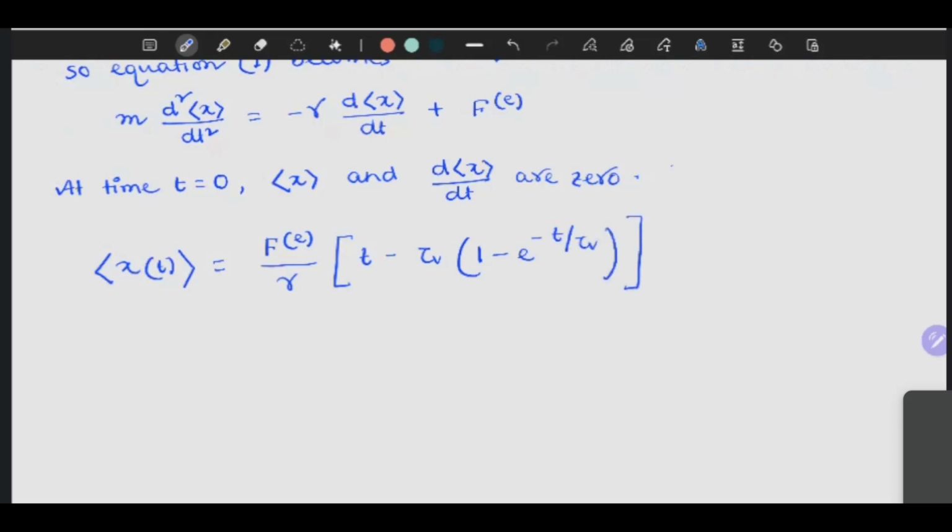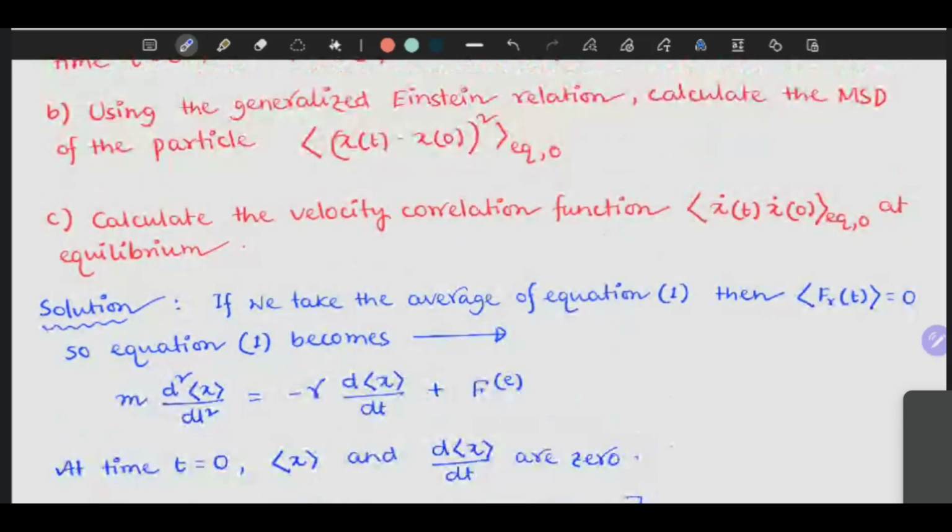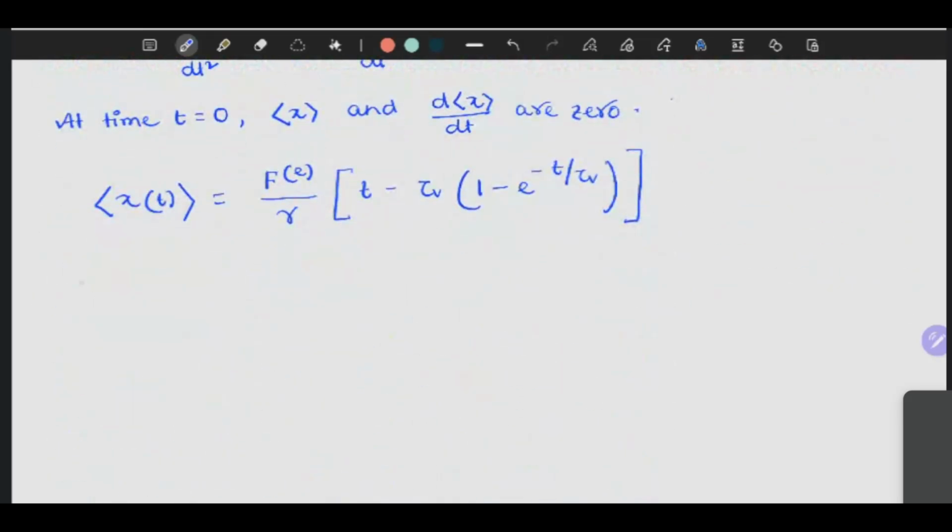Okay, now the correlation function. So the response function is obtained.